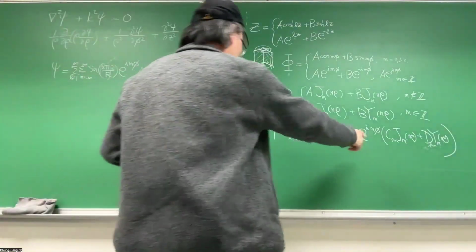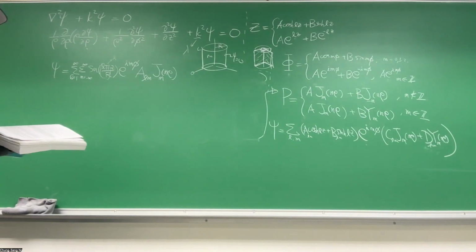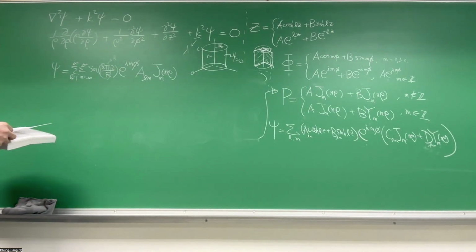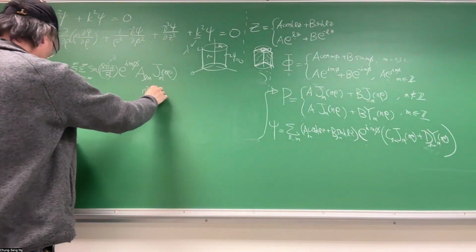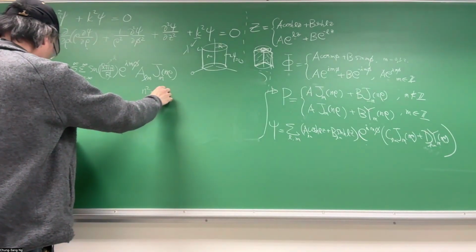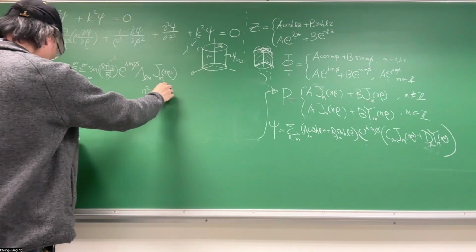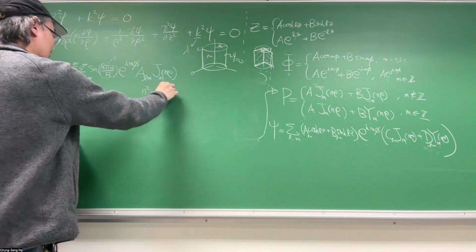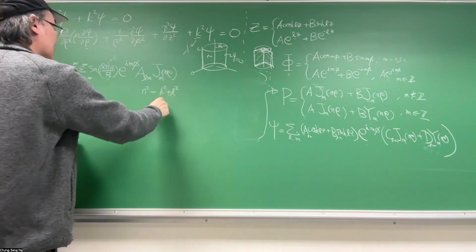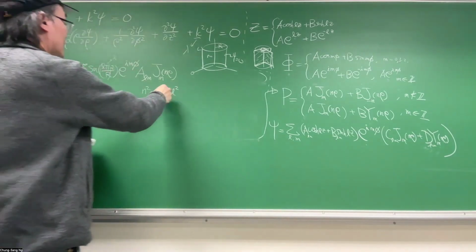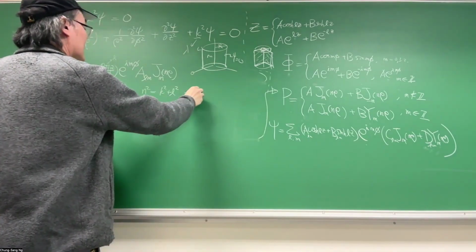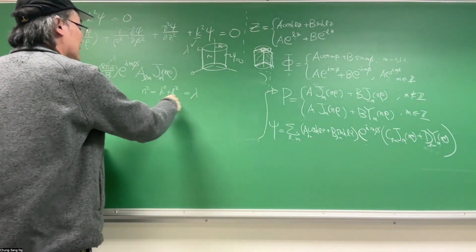That's the Bessel function. And what we did last time, the condition for the situation, the n actually defined as a squared equals k squared, which is lambda. Let's just write it out first. k squared plus L squared. So k squared is our lambda, right?